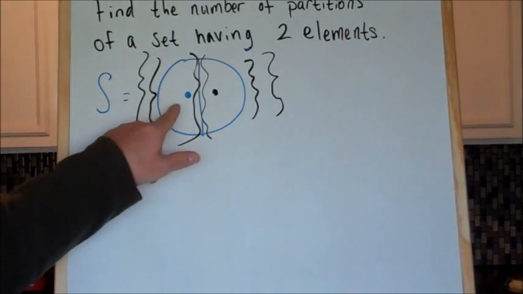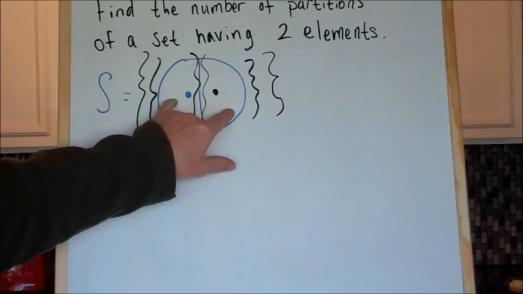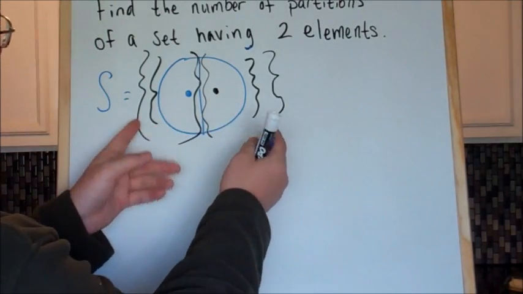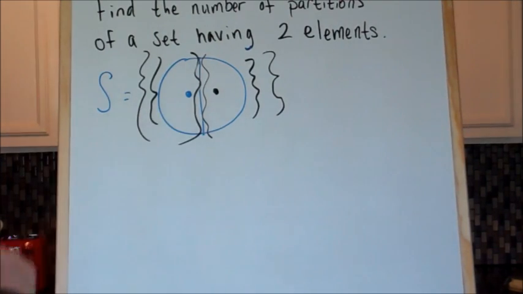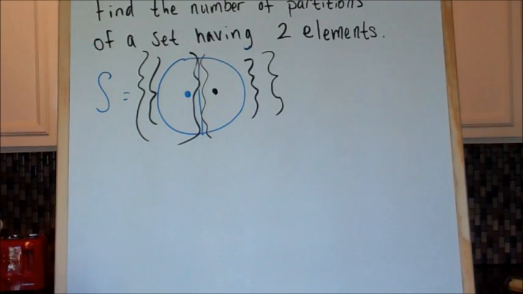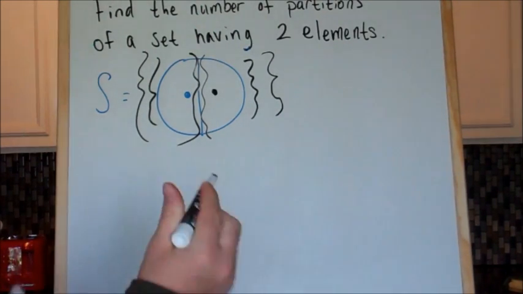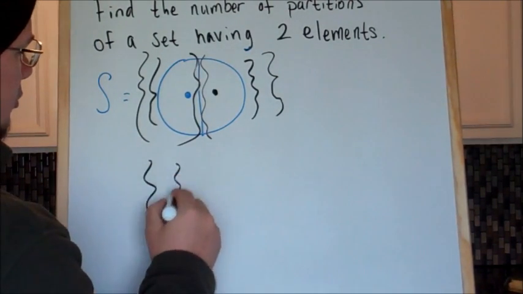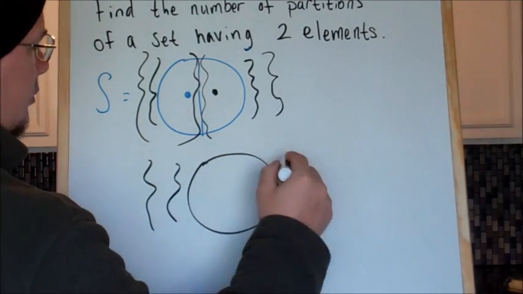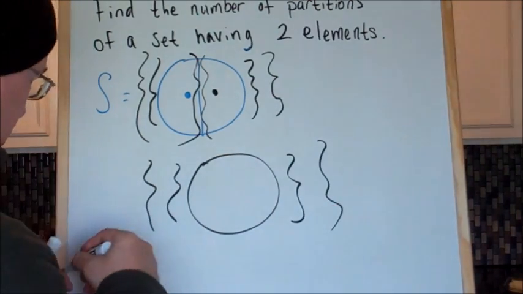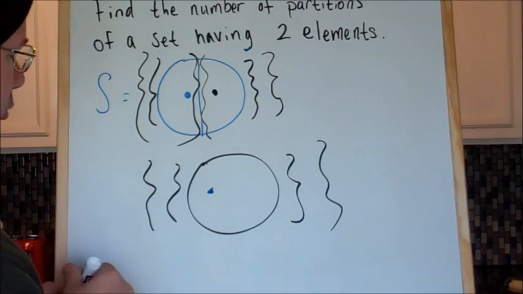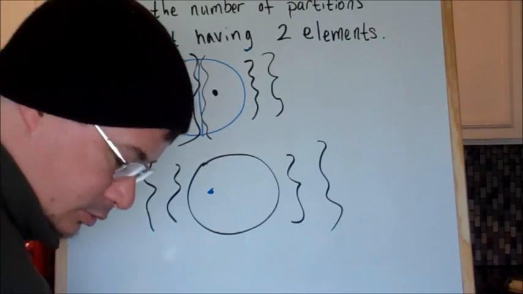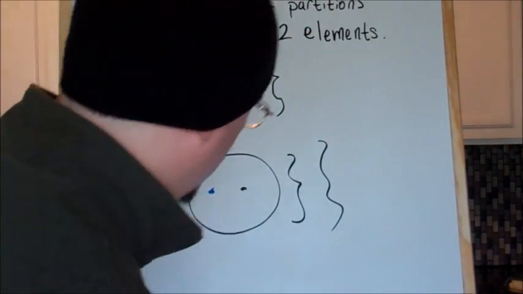This collection of subsets is a partition itself. On this side I've got one element, and on this side I've got one element, and so each of the elements is in exactly one subset, just as it was the first time when the subset was just S itself. So that's a partition as well.